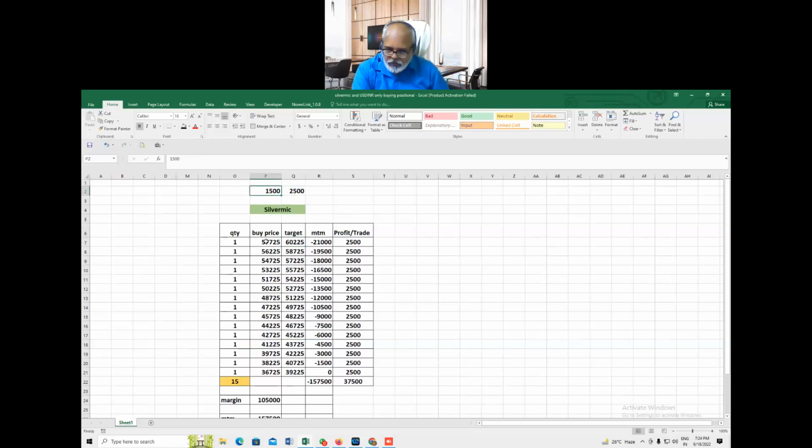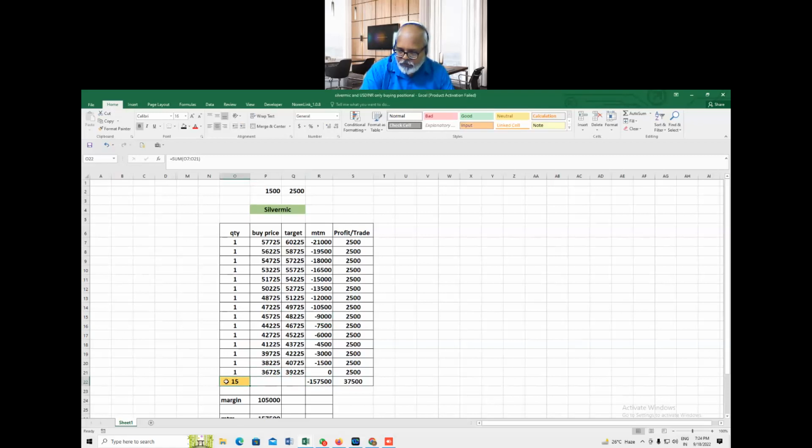If you start buying, and the market comes to 36,725, then your M2M in the first lot would be 21,000. In the second lot, it would be 19,500 and so on. So your total M2M, if the market comes to 36,725, would be 1,57,500.